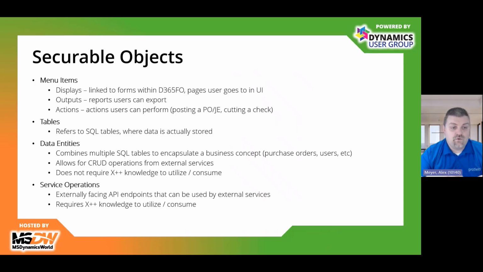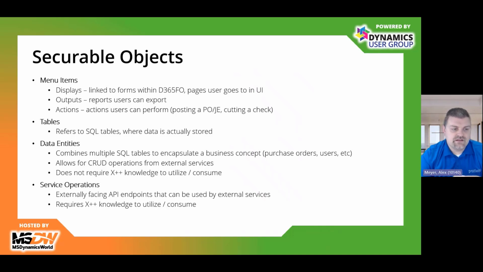So these data entities are what normally an external user or an external application would use to interact with F&O itself, right? So they allow for CRUD operations, so create, read, update, and delete from externally from F&O, and they don't require X++ knowledge to utilize or consume, but they do require knowledge on which data entity to use for a specific process that you're trying to perform.